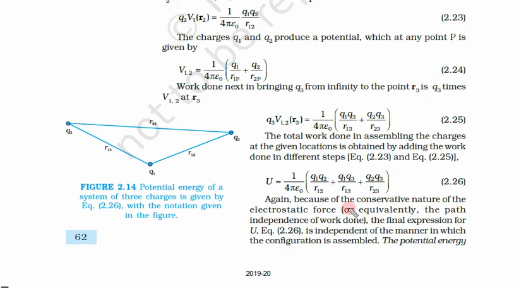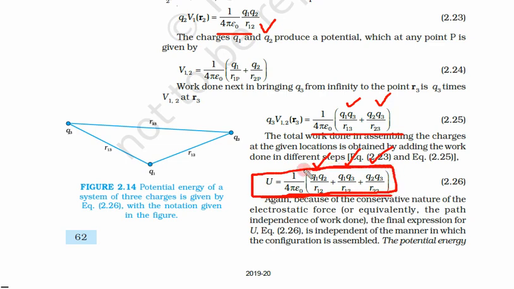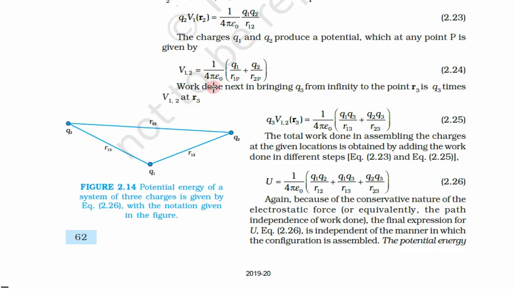The total energy or total work done is 1 upon 4 pi epsilon naught, common from here and here, times: first term q1 q2 upon r12, second term q1 q3 upon r13, third term q2 q3 upon r23. So this is the total work done, which will be stored as potential energy.